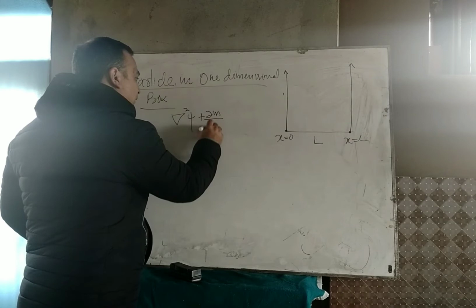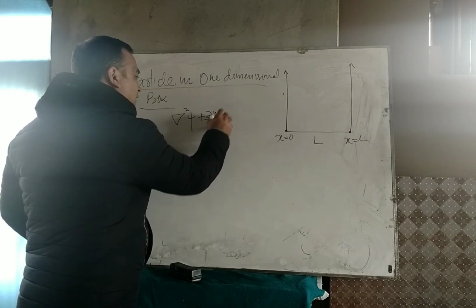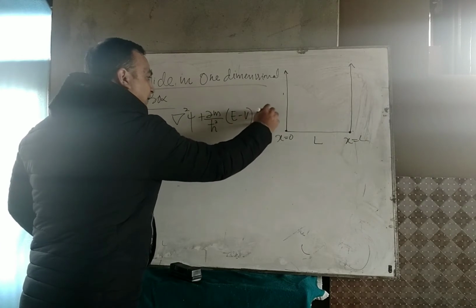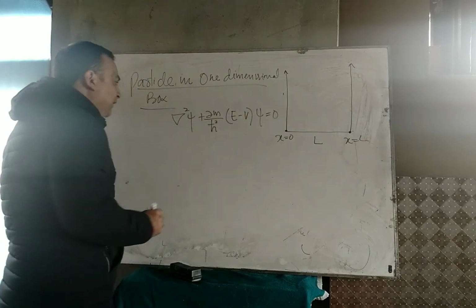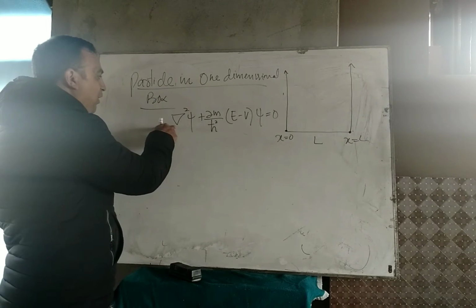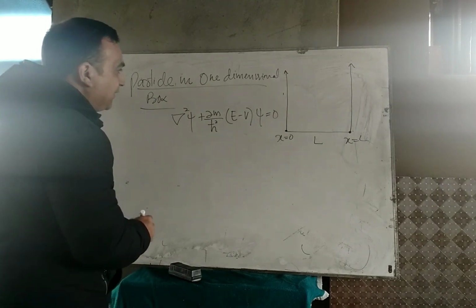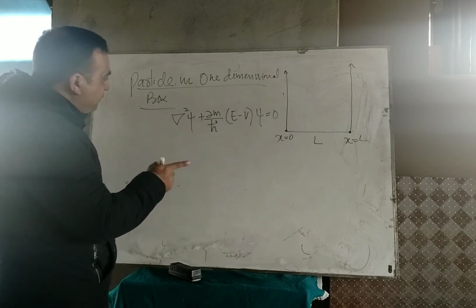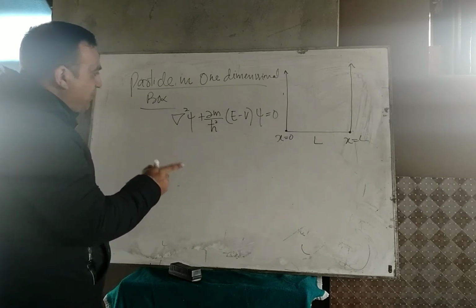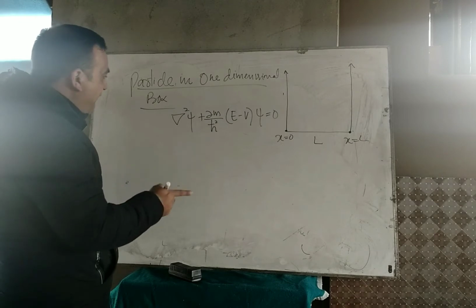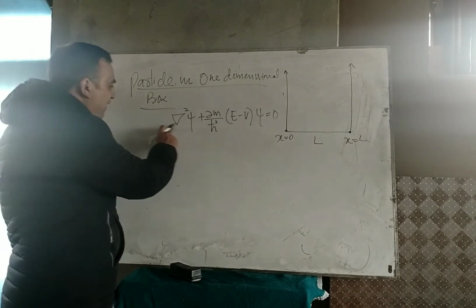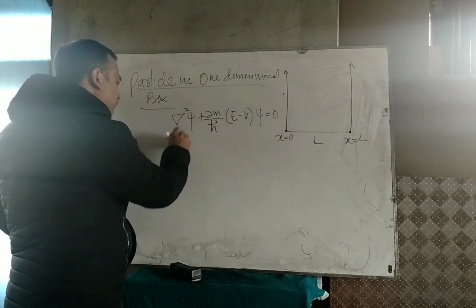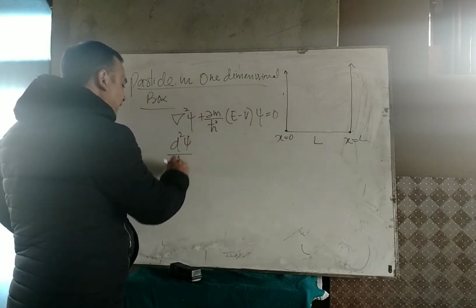So if we start with the Schrodinger's steady state equation, that is the time independent equation, del square psi plus 2m upon h bar square (E minus V) psi is equal to zero. Now this del square is a Laplacian operator. Our problem is only constrained towards one direction, and that is x. So in that case, we can replace this Laplacian operator by the total double derivative d2 psi upon dx2.